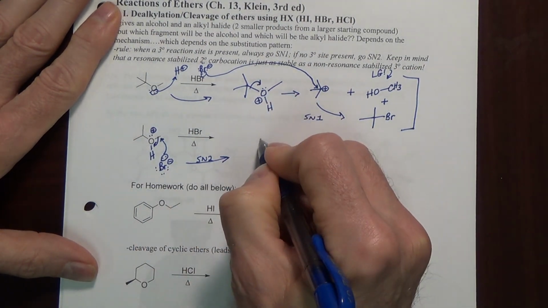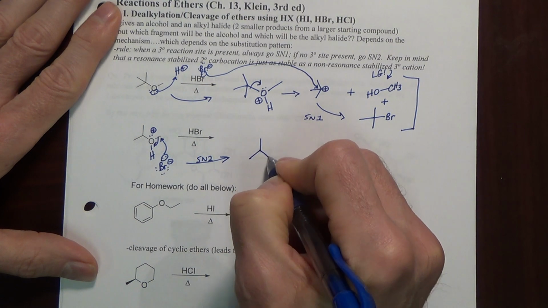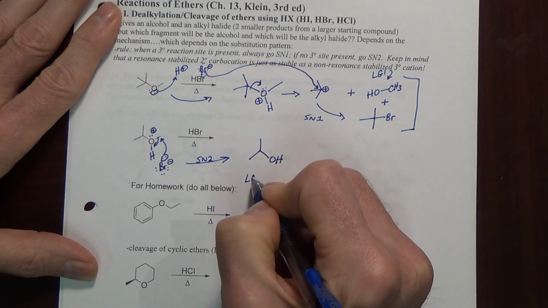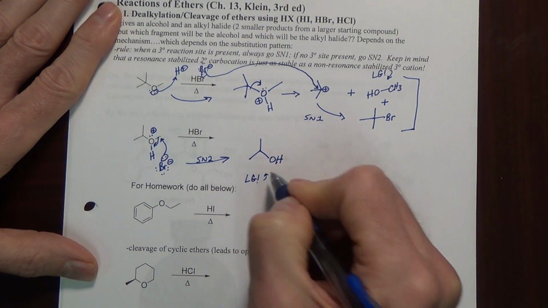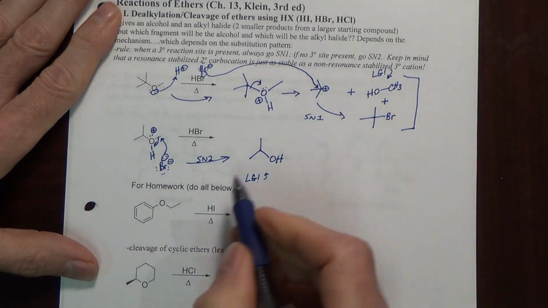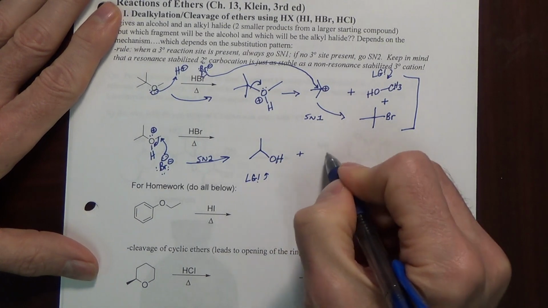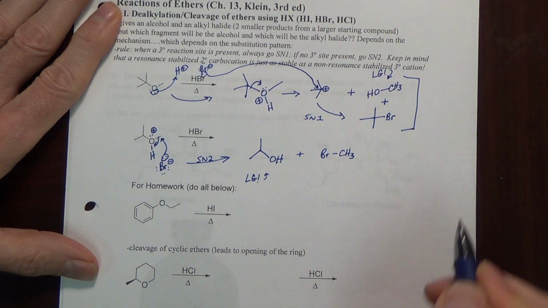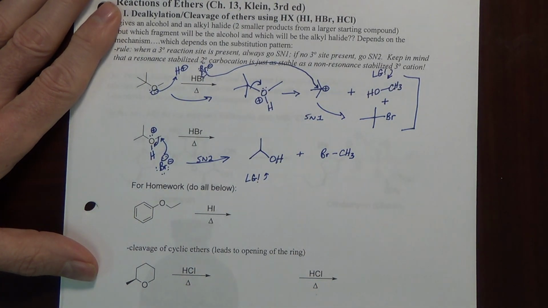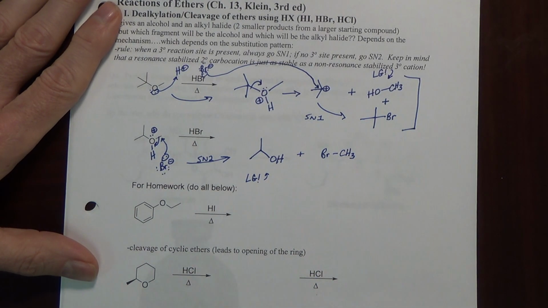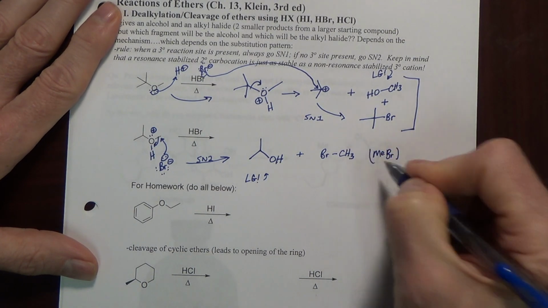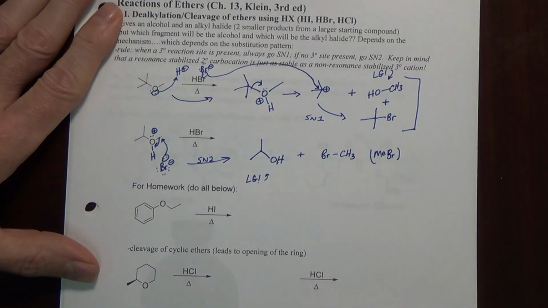SN2 gives that alcohol, which was actually the leaving group, and a bromine attached to the methyl, which in some cases may be called methyl bromide. Okay, you can show it a variety of ways.